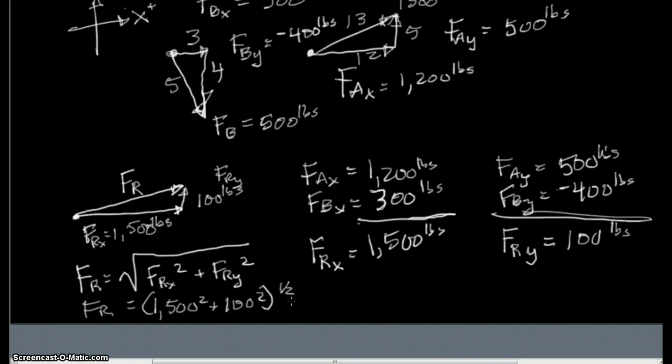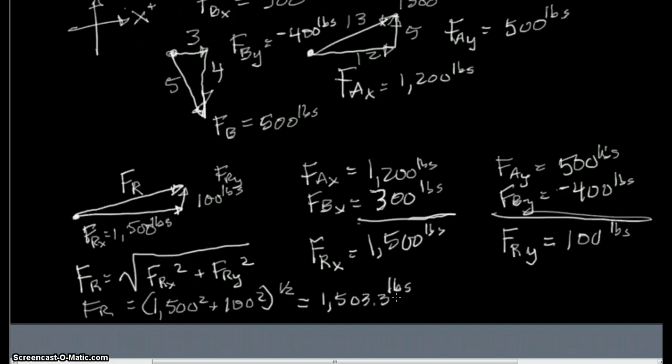Then I get out my trusty calculator, and this is just taking the square root of something. So the square root of 1500 squared plus 100 squared leaves you with 1503.33 and so on pounds.